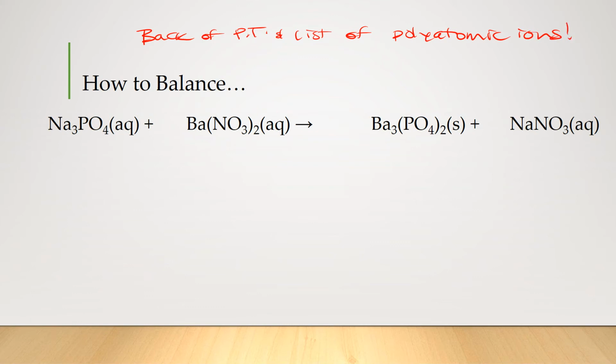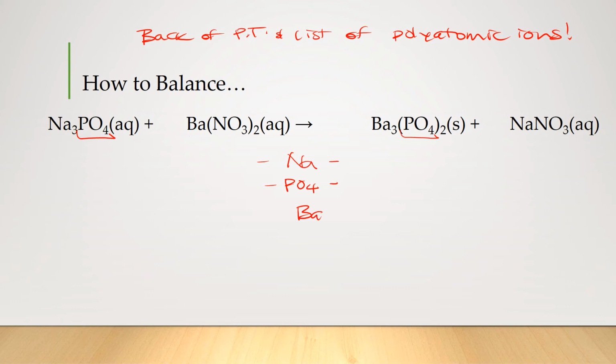If you see a polyatomic ion, PO4, that's phosphate. Look, it's on the left and it's on the right. We can list that as one thing. So I've got Na, I've got a PO4, and then next is Ba for barium.